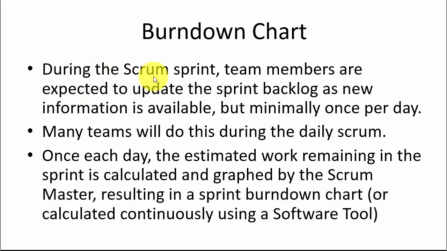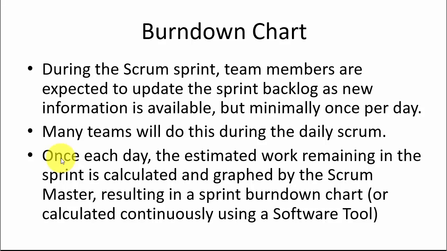During the sprint, the team members are expected to update the sprint backlog as new information is available, and typically you do it at least every day. Typically the team members will do this during the daily Scrum meeting, which we will discuss later.